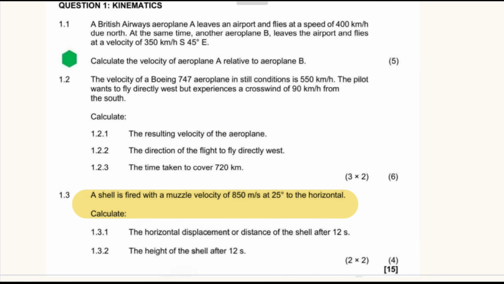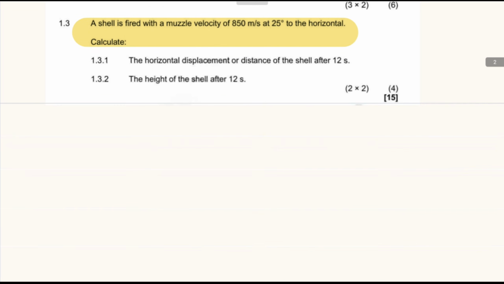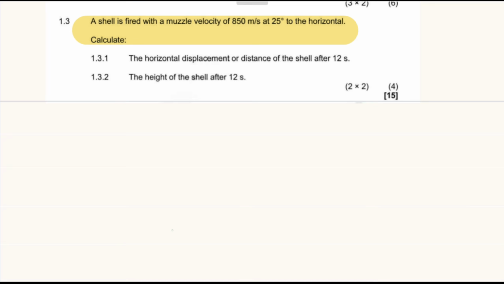Question 1.3 states that a shell is fired with a muzzle velocity of 850 meters per second at 25 degrees to the horizontal. We calculate the horizontal displacement or distance of the shell after 12 seconds. We have a shell fired at an angle and we want the horizontal displacement.